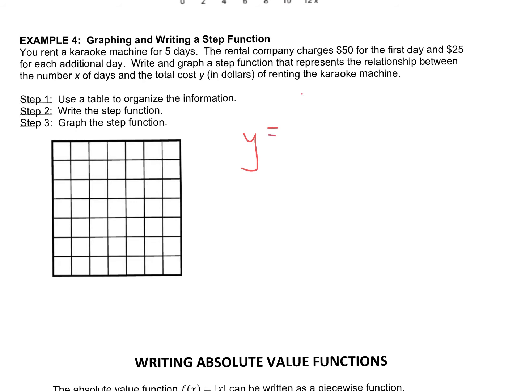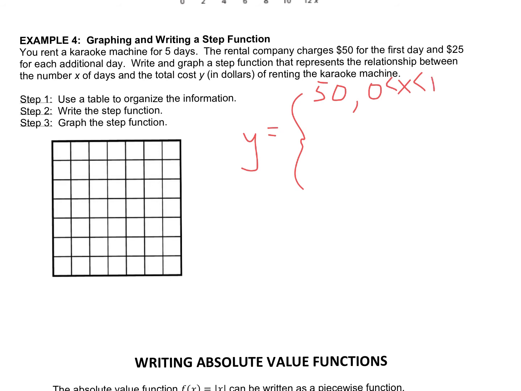So if we think about it, on day 1, it is going to be $50. Okay. Then when you think about that as well, this time our x is going to be greater than 0 days, but less than 1 day.